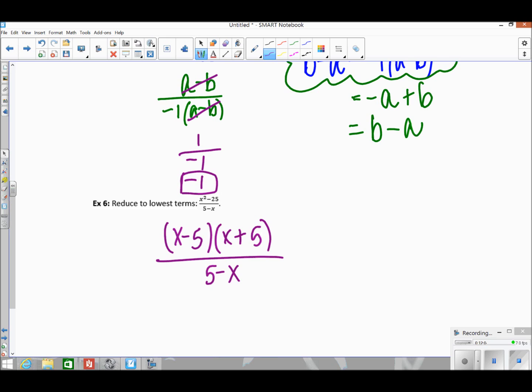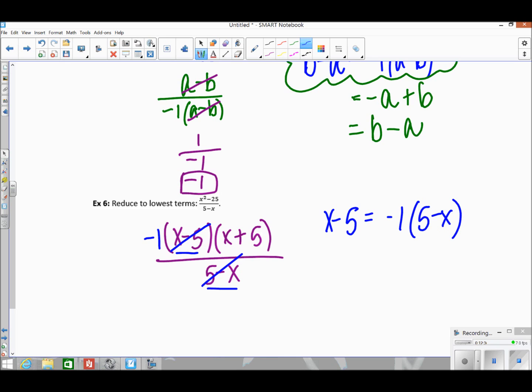Now, I can't cancel anything as is, but what I can do is, since these two are the same but opposite, you can cancel those, but you just have to remember to replace it by a -1, because essentially what I'm doing is I'm replacing one of them. So let's say I'm replacing x minus 5 as -1 times 5 minus x.